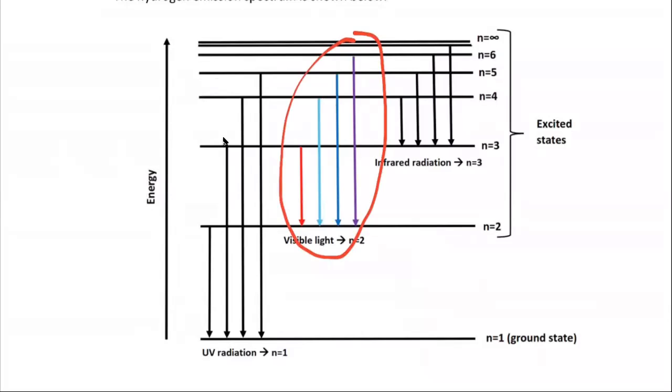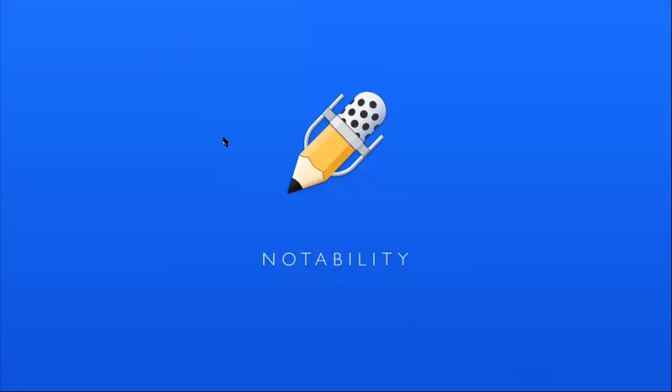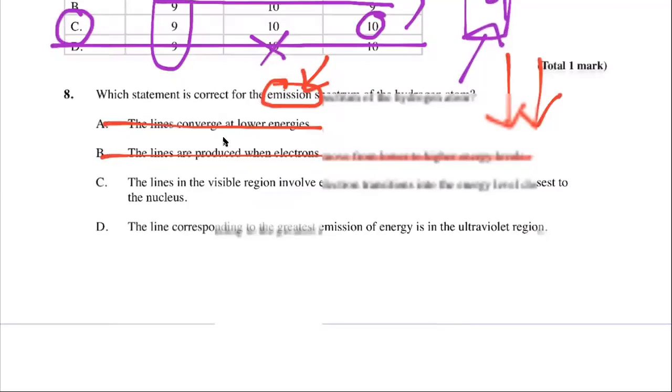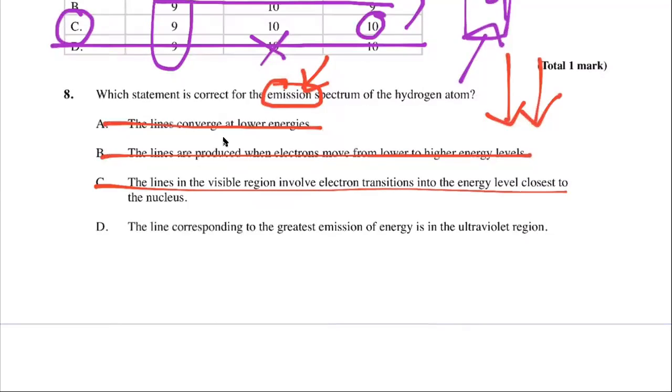So do the lines for the visible light fall to the energy level closest to the nucleus? No, they don't. The closest one would be n equals 1. That's the ground state. So that one is not true, because the visible light ones only fall to the second energy level, not the first one.